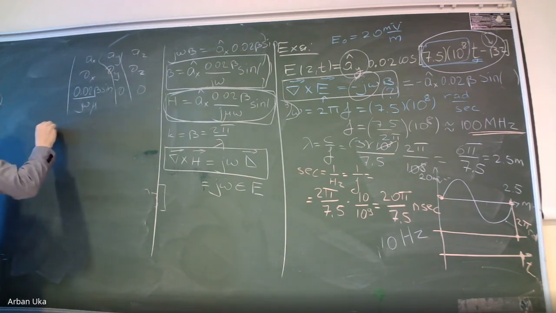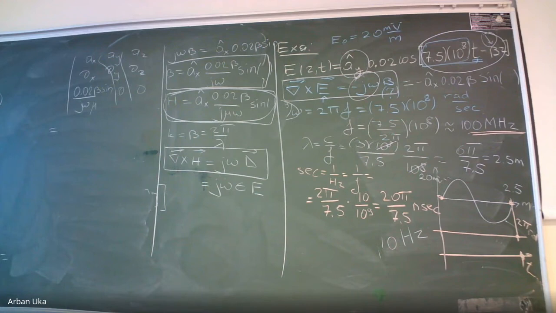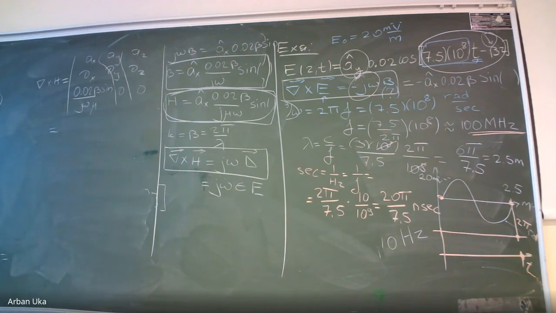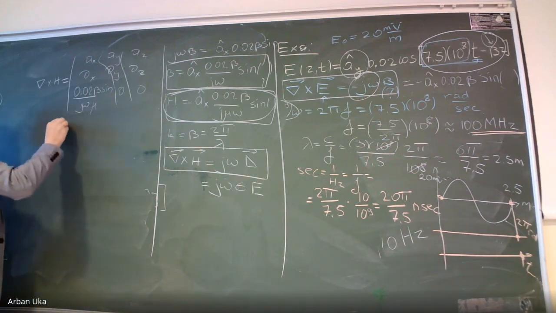So this curl of H, of course, we might be expecting to get an answer along the AY for similar reasons, because if the magnetic field is along the AX, the propagation is along the AZ, then we might expect an AY right away, which is going to look like this.